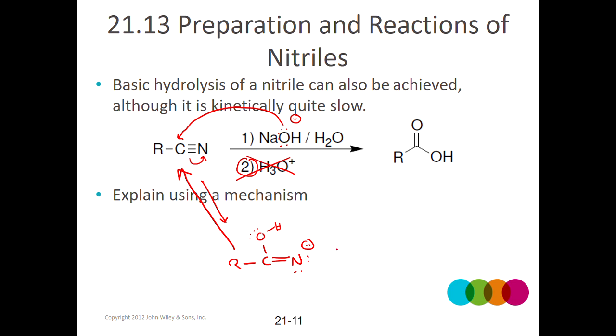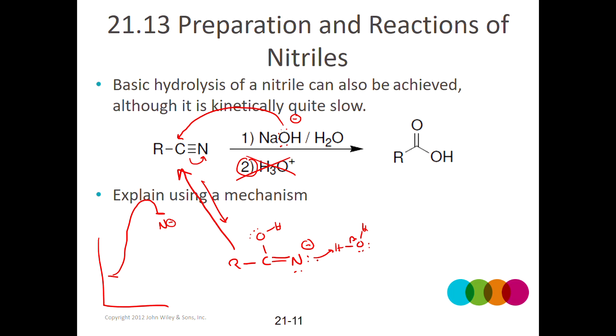So this nitrogen could pick up a proton off of water. But this first step, producing such an unstable negative, means that the first step is going to go through a really high energy transition state to get to that nitrogen with the negative charge right here. So it's just not going to happen often enough to make the process practical.